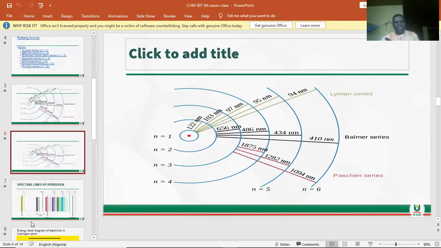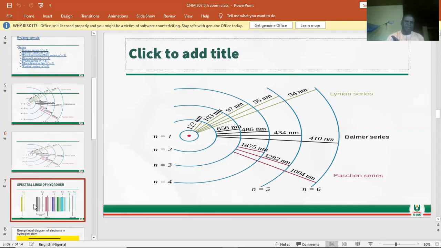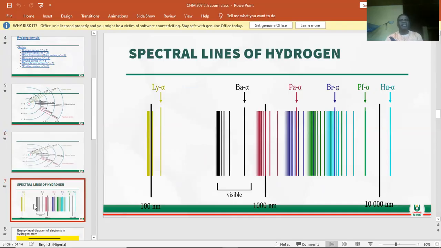You see the same illustration as shown here in a better way that you can actually appreciate. This is the Lyman series, the Balmer series, and the Paschen series, next the Brackett series, and the rest of them. So these are characteristic lines that fall within the electromagnetic spectrum. Now, each of them, particularly those that fall within the visible region, gives you a characteristic color.